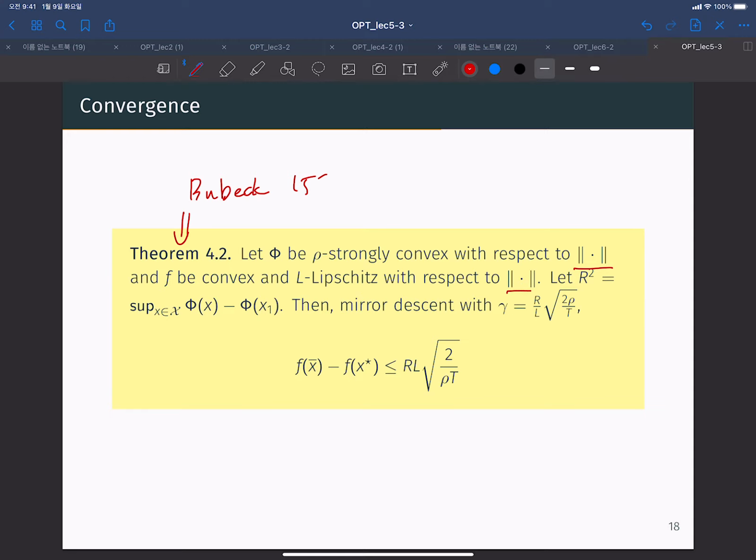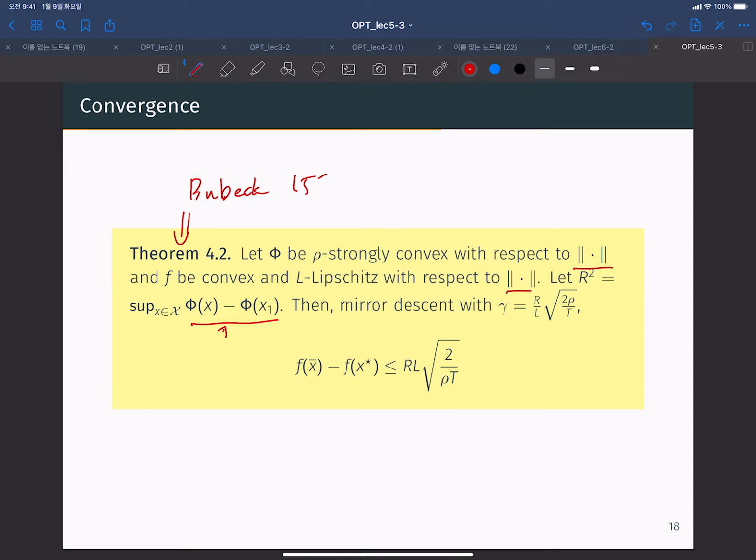Let R squared be the supremum of Π(x) minus Π(x1), so the maximal difference between any point inside your constraint set and your starting point.